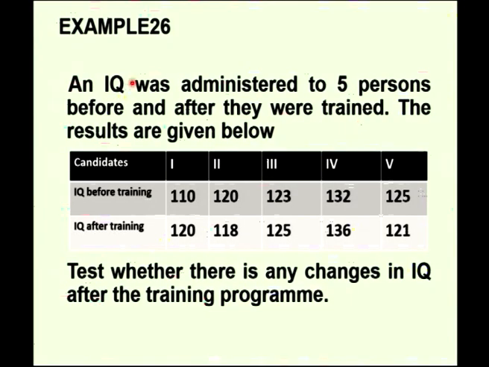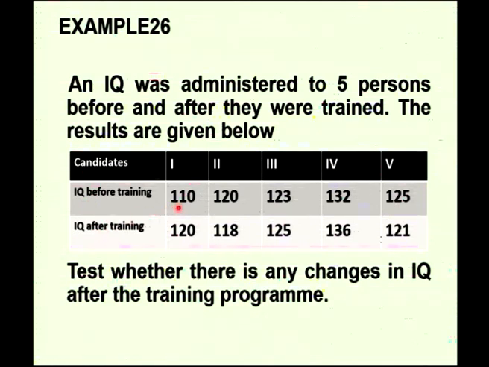An IQ test was administered to 5 persons before and after they were trained. The results are given below. Candidates are named as 1, 2, 3, 4, 5. The same 5 persons' IQ is noted before training and the same 5 persons' IQ is noted after training.